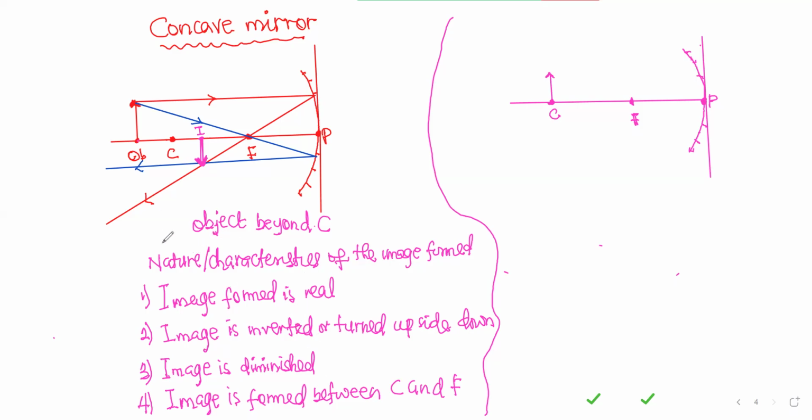Can you try using at least 2 of the rules to describe the nature of the image formed? I'm giving you 5 minutes to just sketch and figure out the nature of the image that will be formed. After 5 minutes, I'll come in to discuss that with you. Class, are you okay?